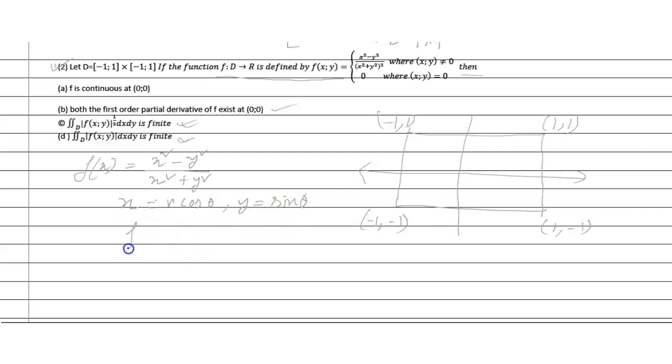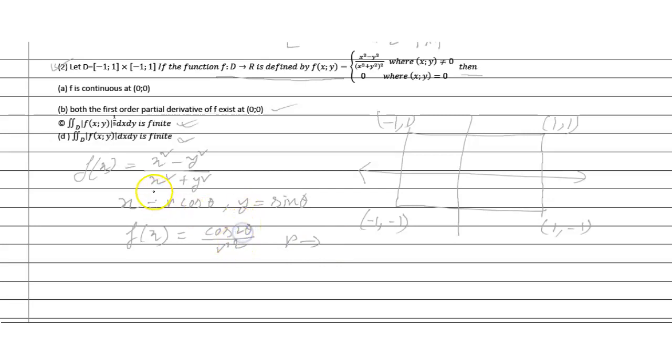So friends, whatever we get, f is cos 2 theta divided by r square.